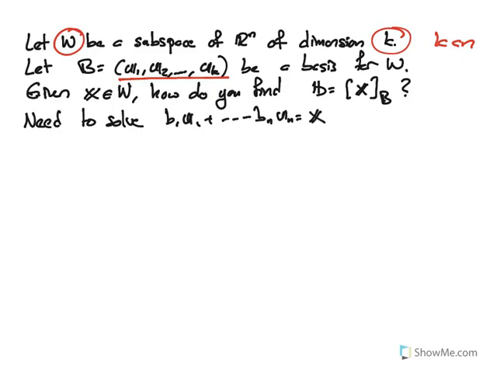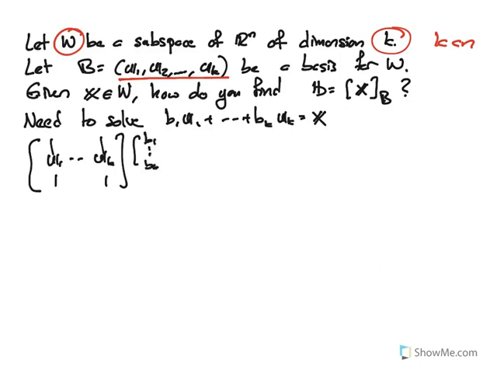It looks very similar to what we did before. So we have a linear system whose columns again are the vectors, so it looks like this.